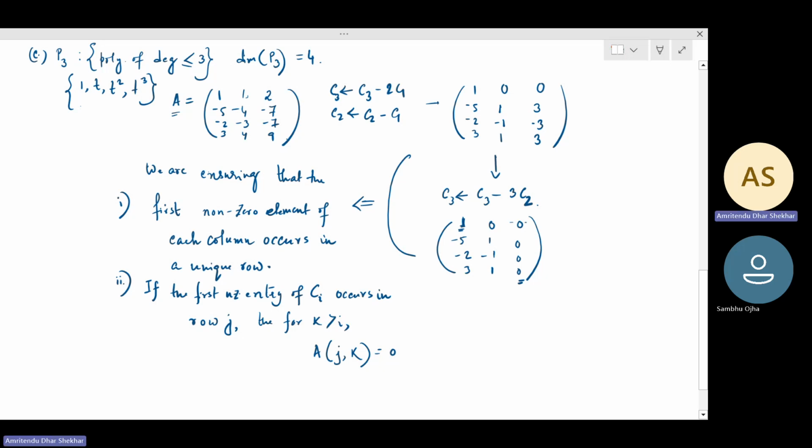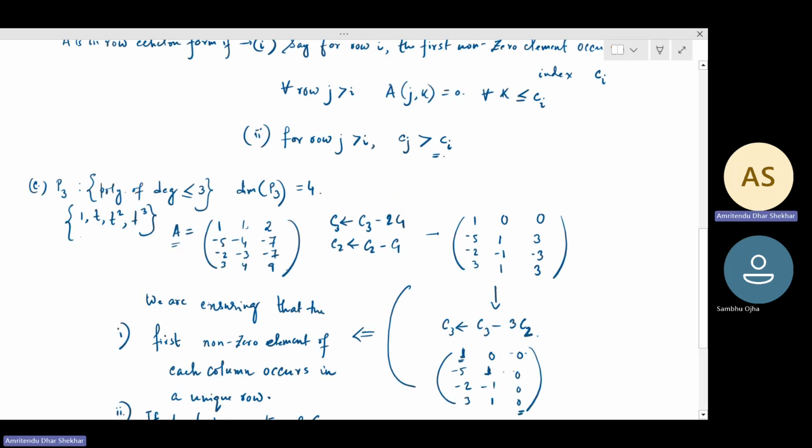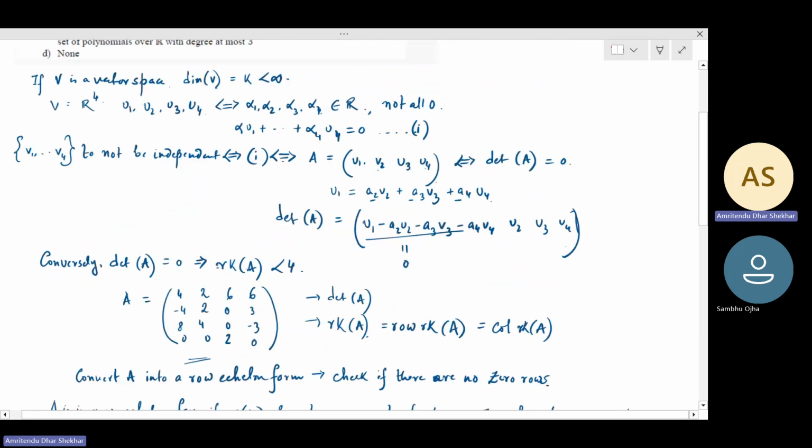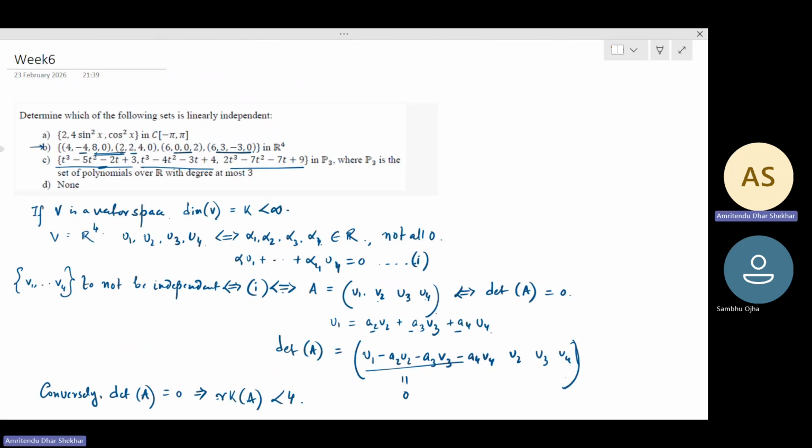Similarly, for the second column, the first non-zero element occurs in the second row. This means that for all the columns that come after the second column, in this case the third column, the rest of the row should be zeroed out. So this is not an independent set. We are finally left to verify this option.